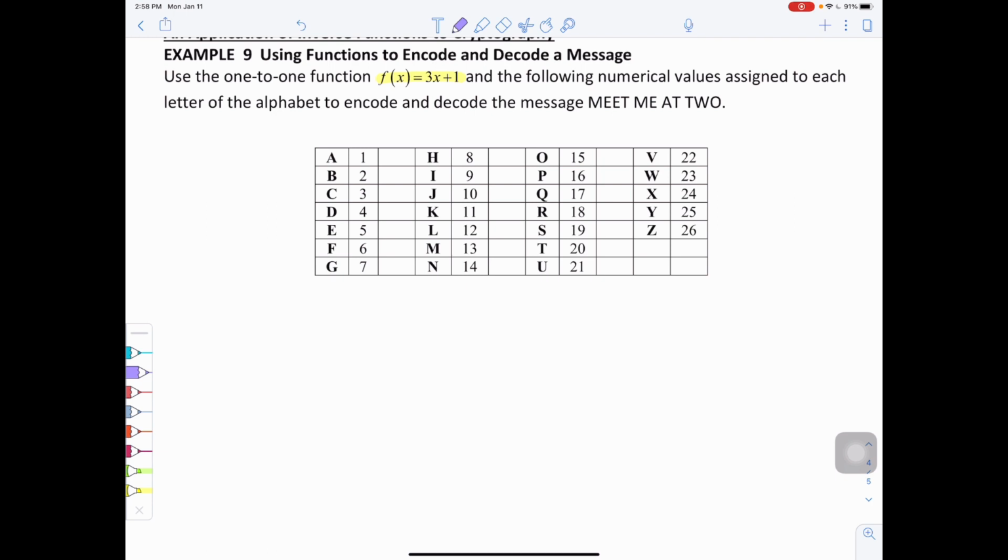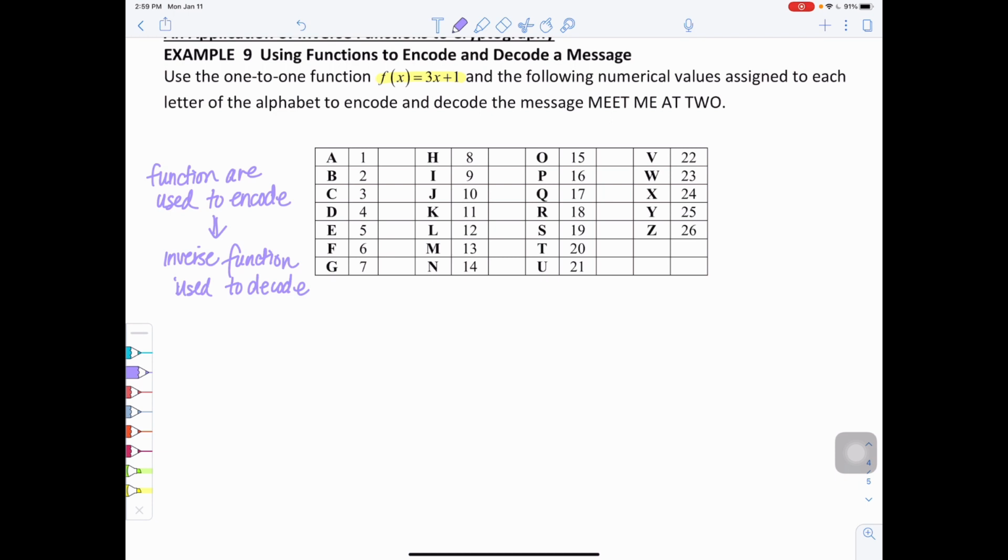Functions are used to encode, and then the inverse function is used to decode. So it's kind of neat. Of course, in the real world they use much more complicated functions.